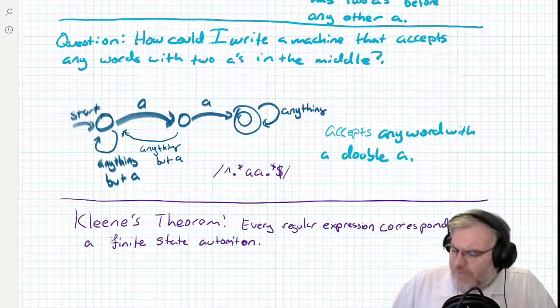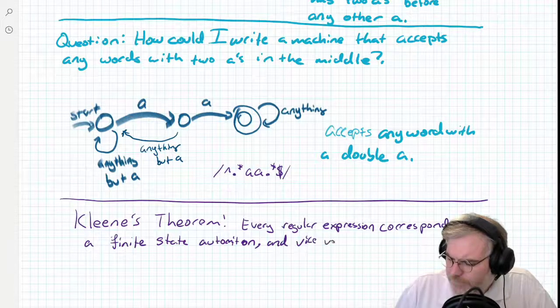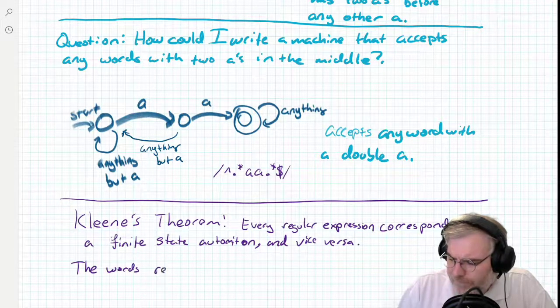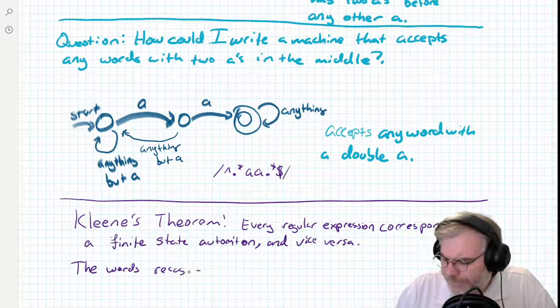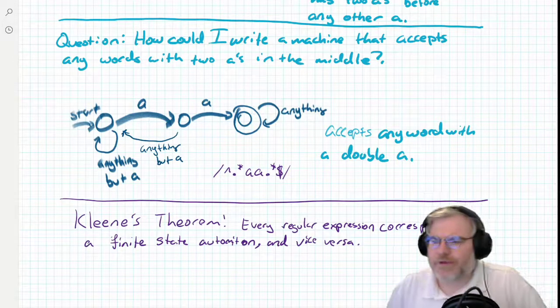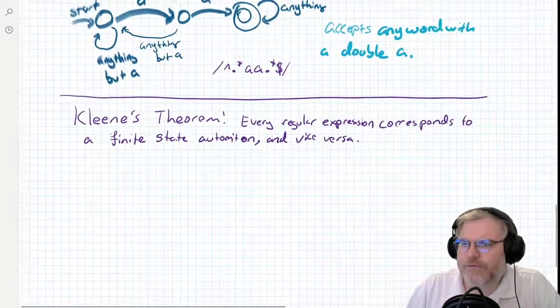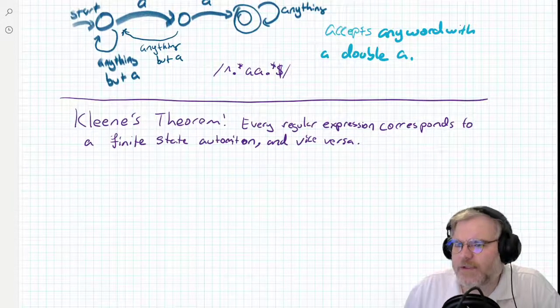And every finite state automata corresponds to a regular expression, and vice versa. I don't want to get into languages and all that. Who cares? We don't need to sit here and study context-free languages. It's not something that's going to be practical for us.